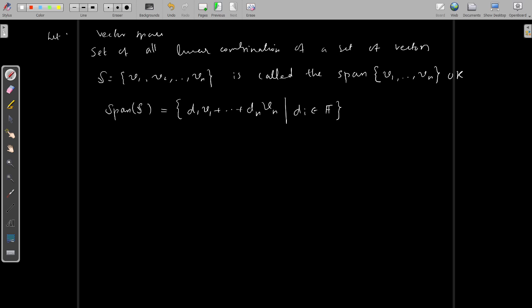Let V be a vector space over F, then the set of all linear combinations of a set of vectors v1, v2, vn, which is a subset of V, is called the span of v1, v2, vn, or the span of S, and is denoted by this set.